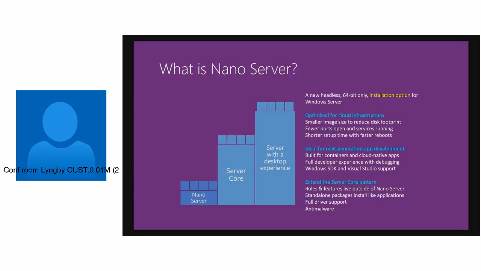And it's ideal for the next generation of app development. So what does that mean? That means that not all applications that we were running on the, let's say, legacy server operating systems will run immediately on Nano Server. Especially this first version of Nano Server that we have now with 2016, some of those things will probably come later, right?